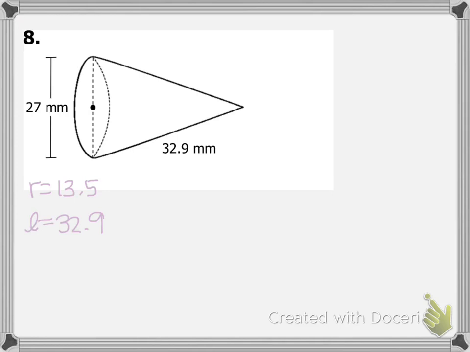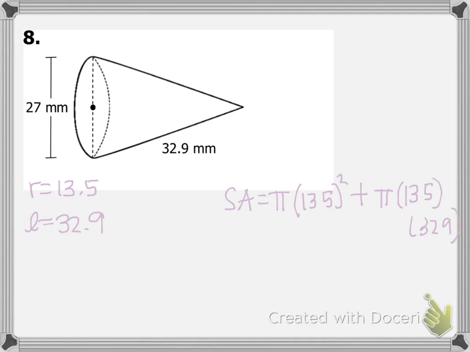So we're going to have surface area of pi r squared, so pi times 13.5 squared, plus your pi times your radius, which is 13.5, times 32.9.